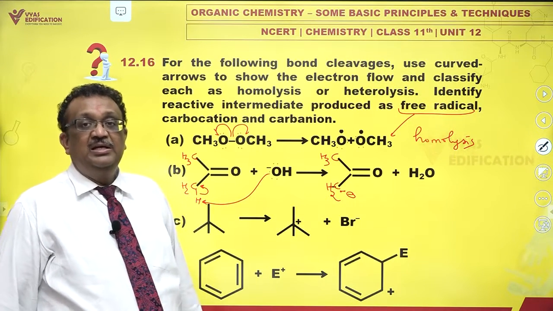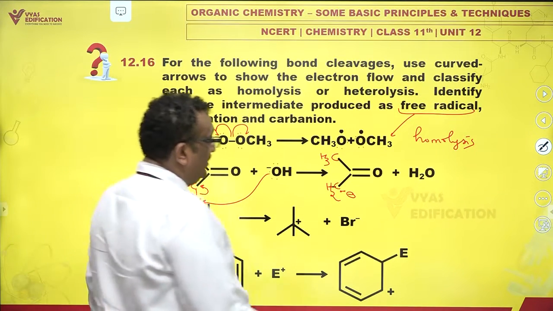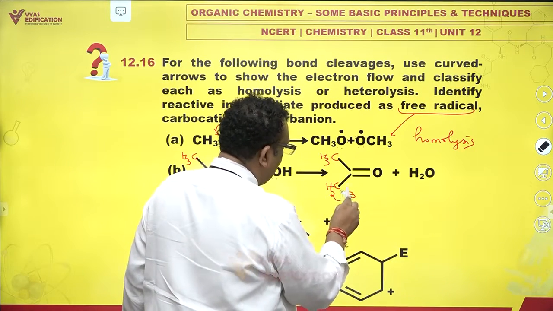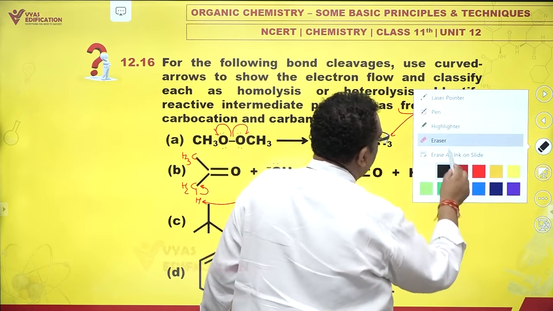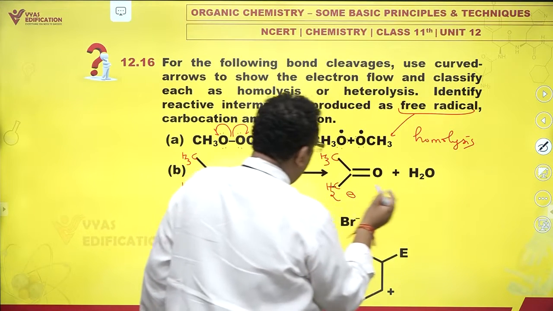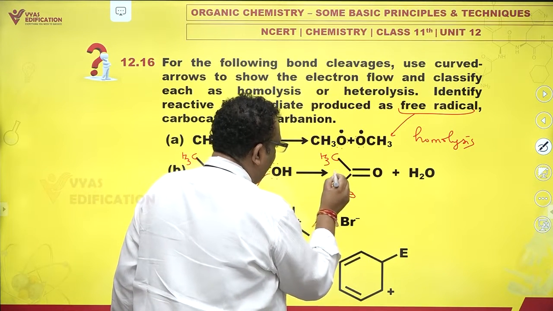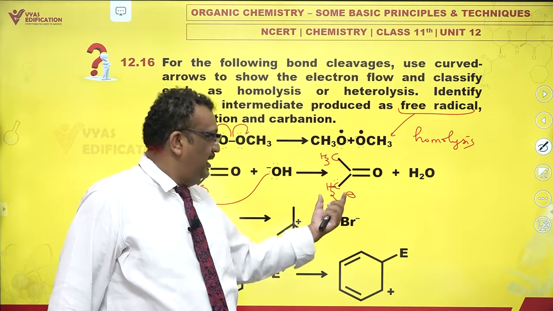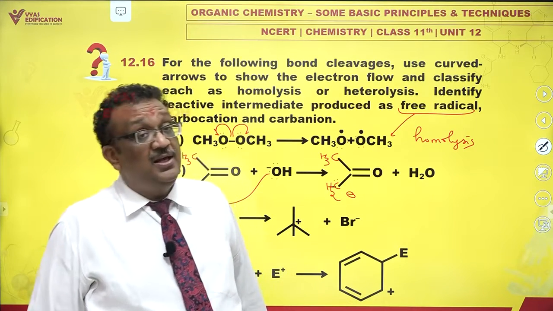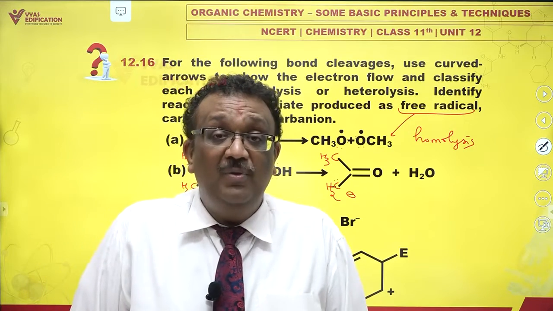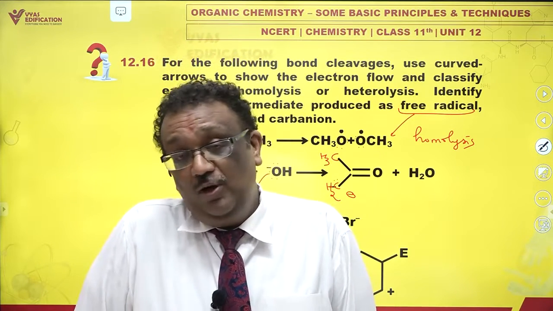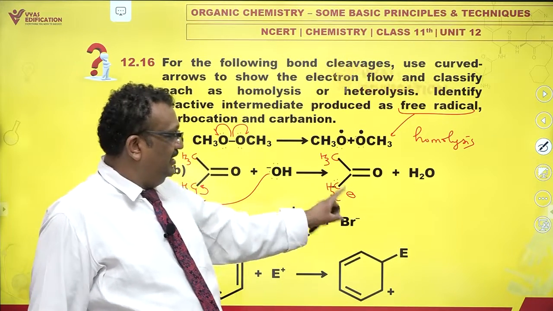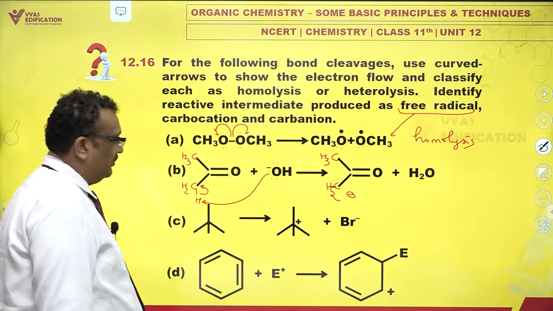Sometimes there are people who say that when you have already put a minus charge, why do you show the lone pair? Minus charge is just the formal charge. Lone pairs must be written very clearly and explicitly, and formal charge does not indicate a lone pair, it just indicates formal charge minus. Many a time, negative formal charge is possible even without a lone pair of electrons. So, lone pairs should be very clearly identified and charges should be shown separately.